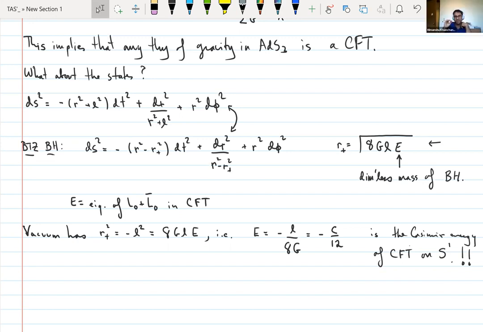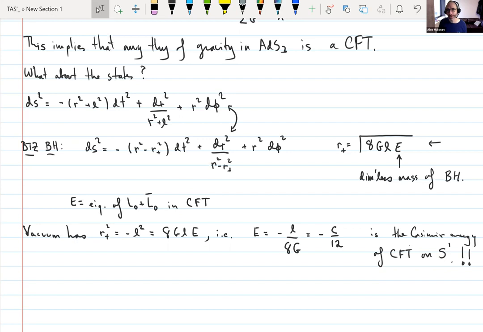Good. Also, this is only the generator of time translations at infinity, right? Not in the bulk. Yes. Diffeomorphism invariance means that I only know what a time translation means out at infinity. States are geometries, so I don't know what a generator of time translation in the bulk means.